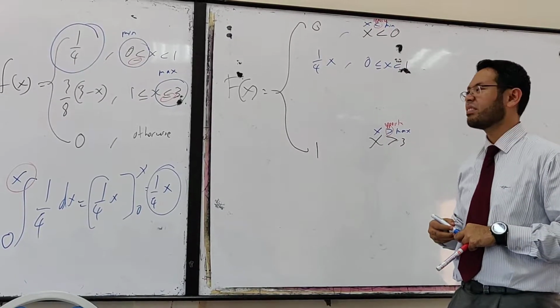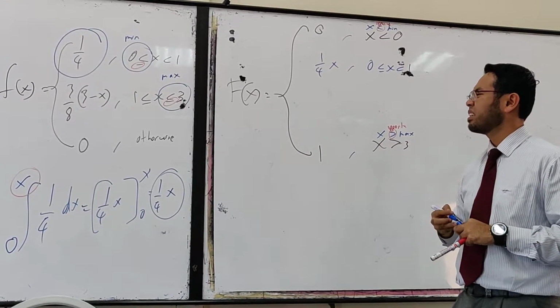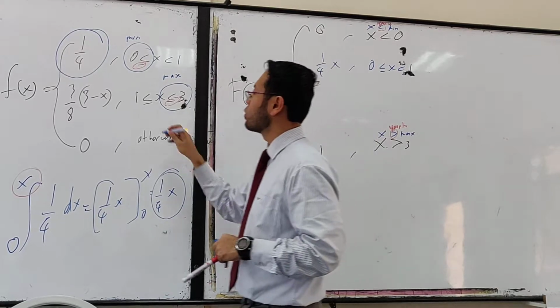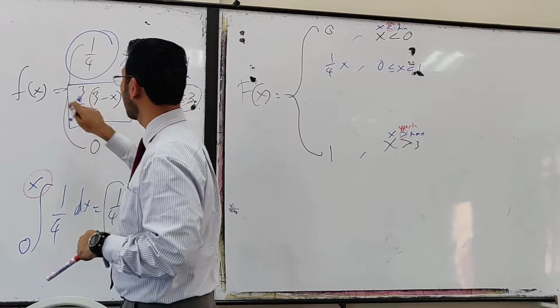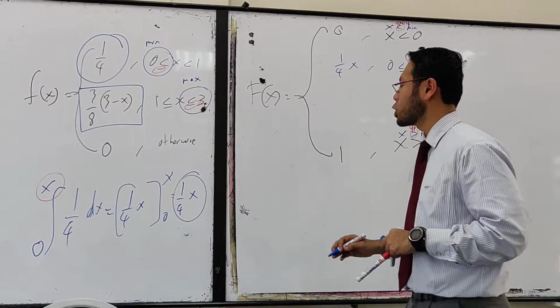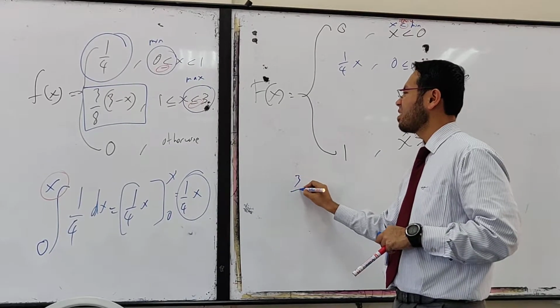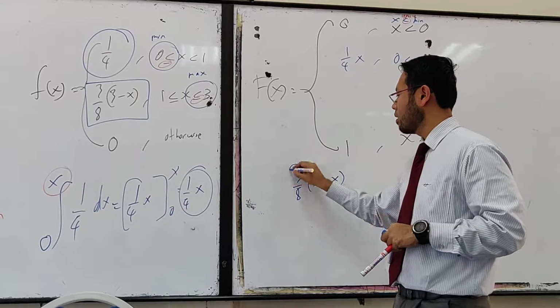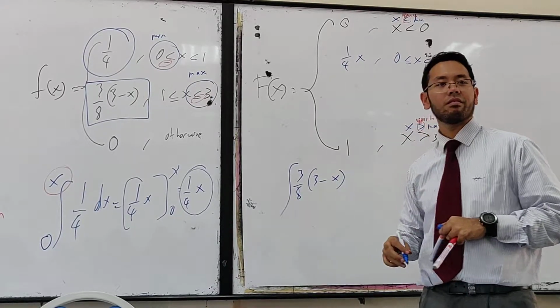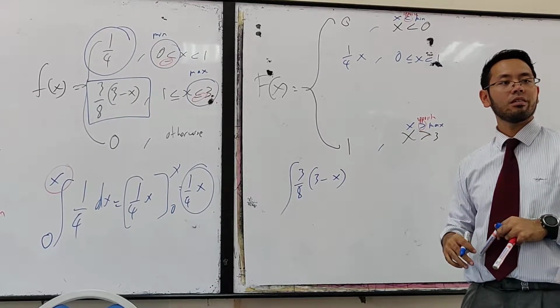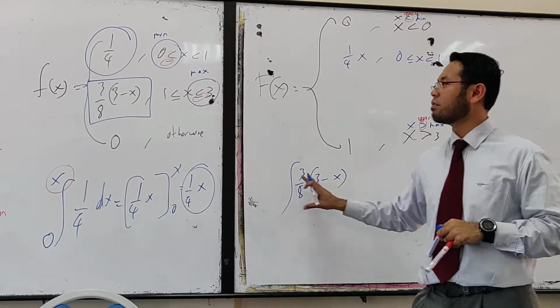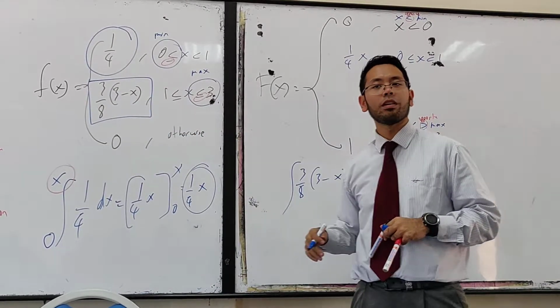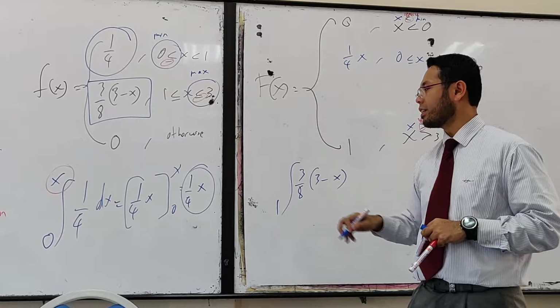Okay? And then we integrate the second function, 3 over 8, 3 minus x. From what to what? What's the range? The second function, integrating this from what to what? 1 until x.